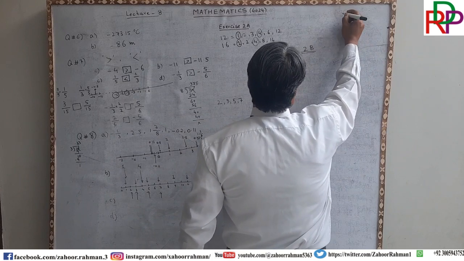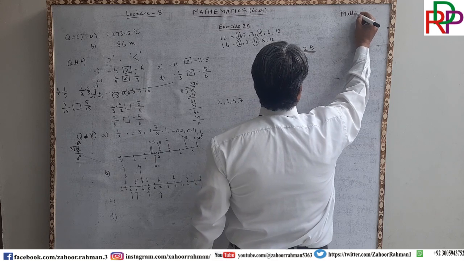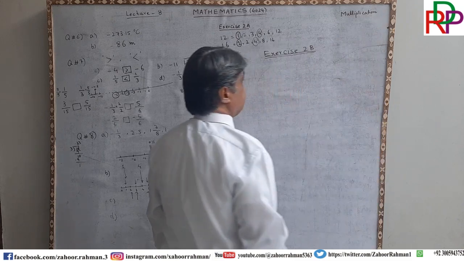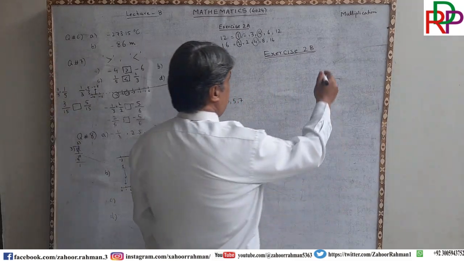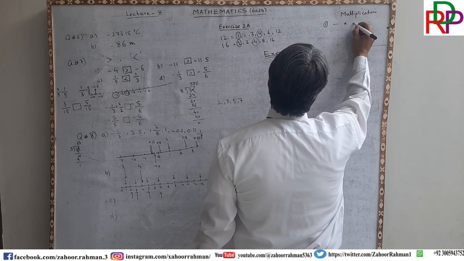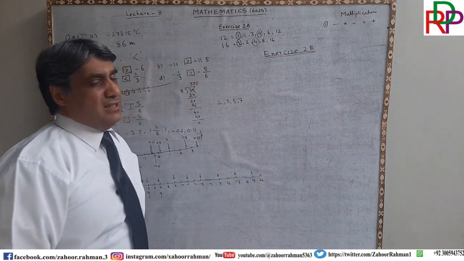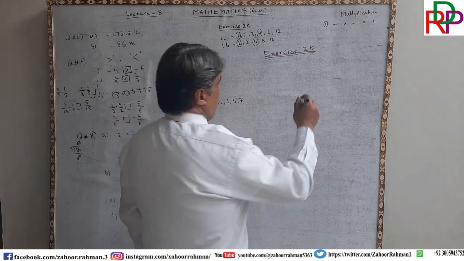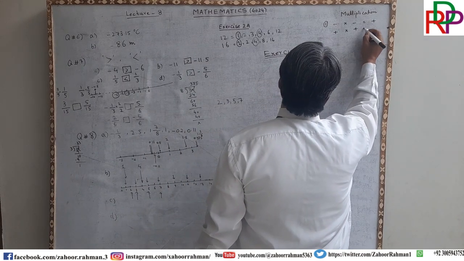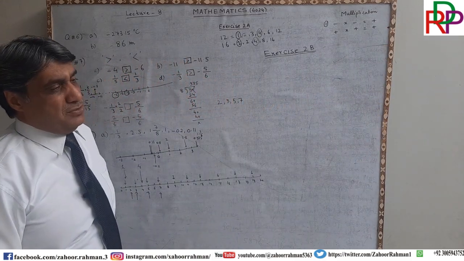Remember that for multiplication, you have to keep in mind this rule. Number one, when the same signs are multiplied, that is, negative on negative, it will give you positive.